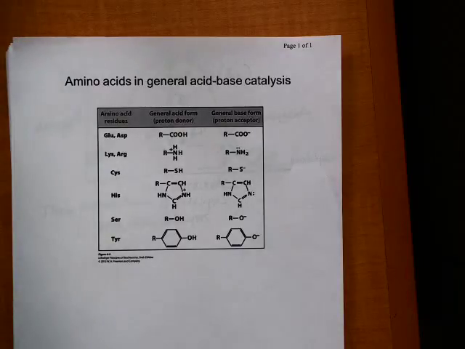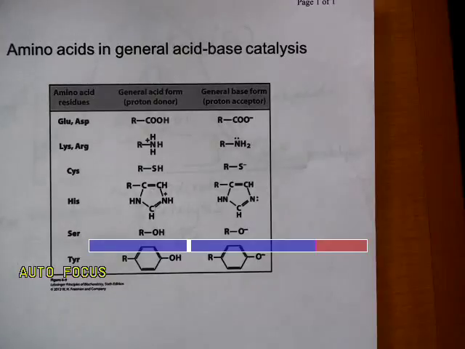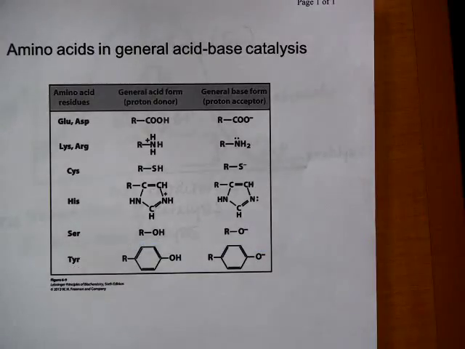So here's a figure that shows you some amino acids that, depending upon their charge state, can act as either proton donors or proton acceptors, and that, of course, affects whether they're acting like an acid or acting like a base.